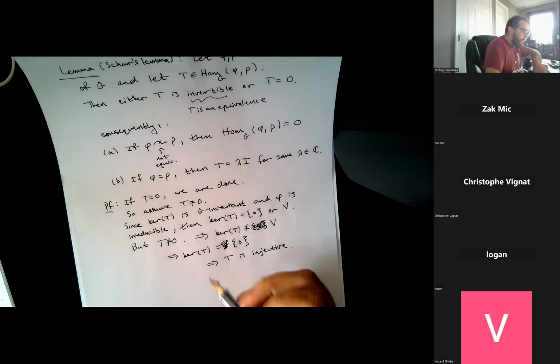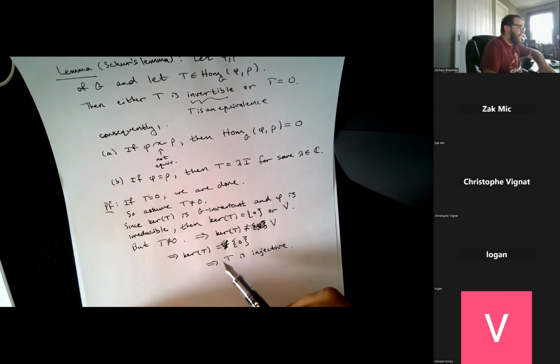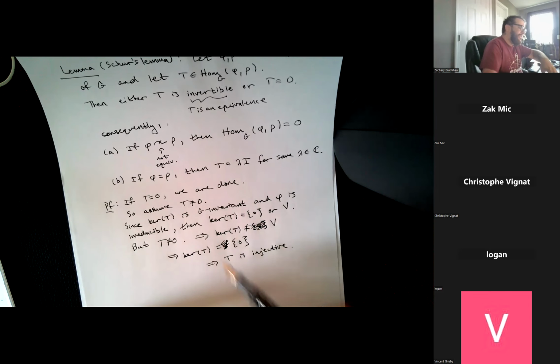Okay, so we want to show that this map T is invertible. The other thing we have to show is that it's surjective.